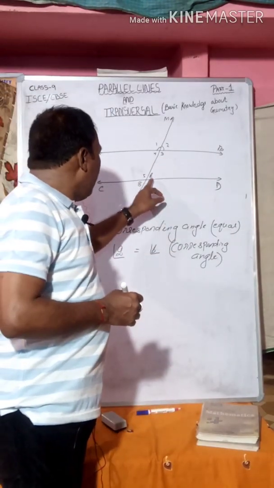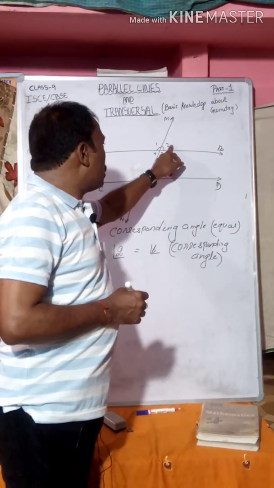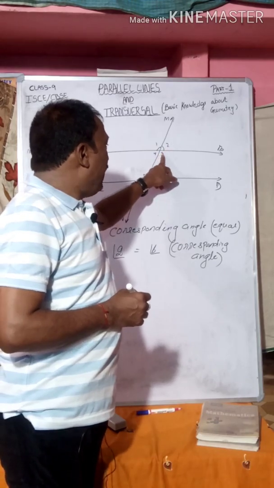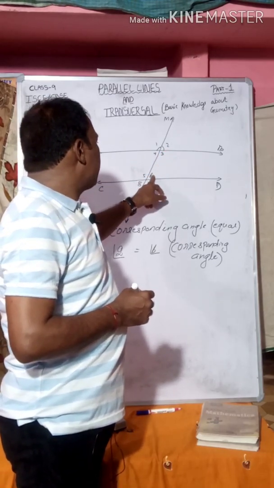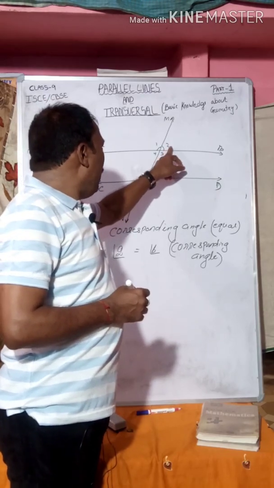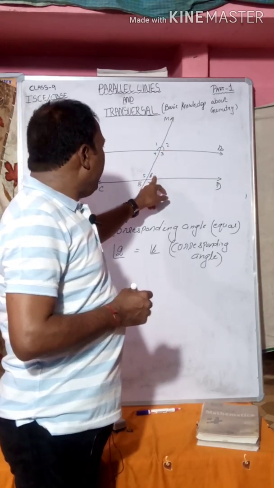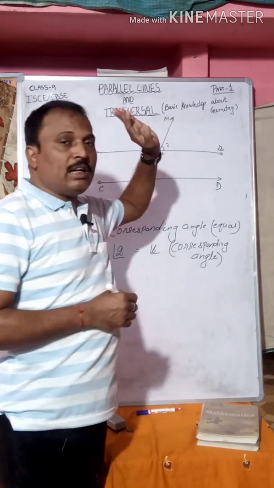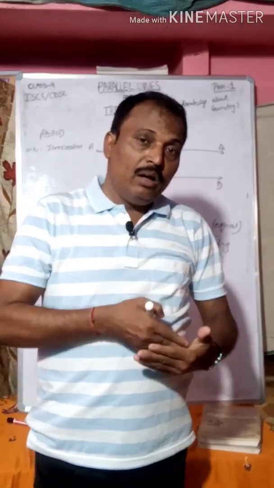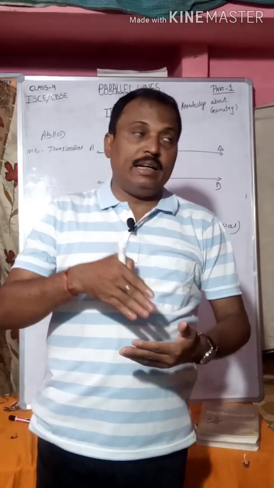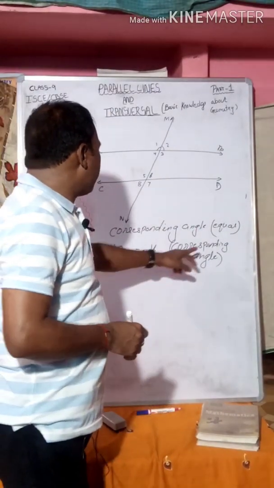So angle 2 is equal to angle 6 because 2, 3 are adjacent angles, and 2, 6 are not adjacent. 6 is an interior angle, 2 is an exterior angle, on one side of the transversal, and they are not adjacent. One is an exterior angle, one is an interior angle, so those angles are corresponding.